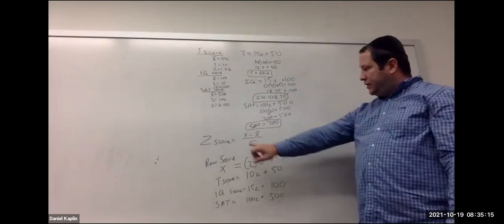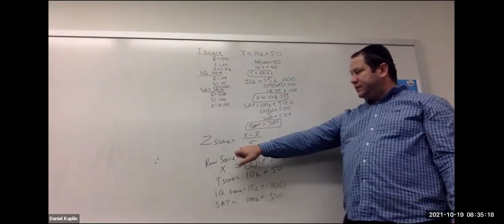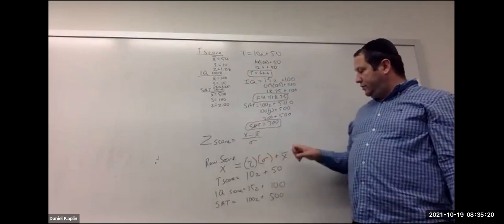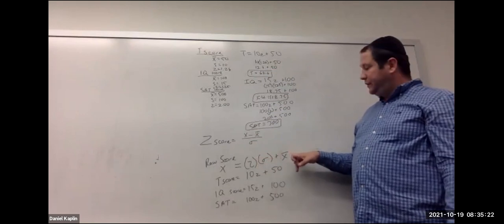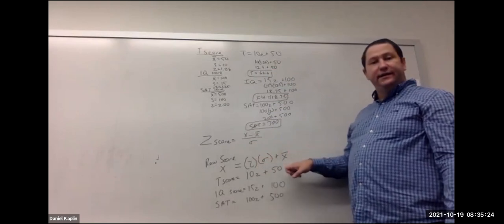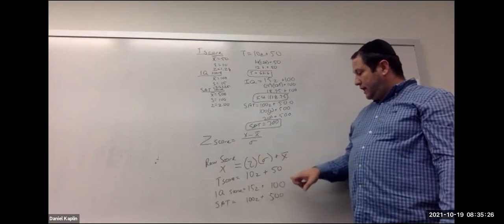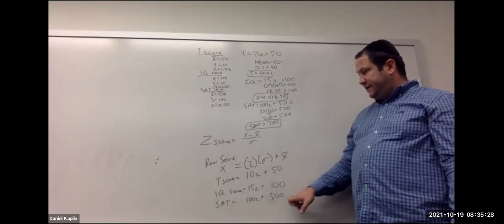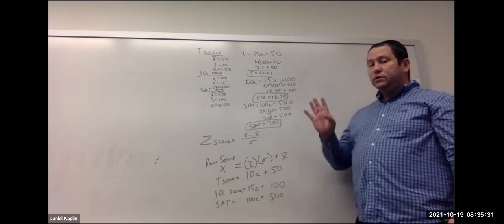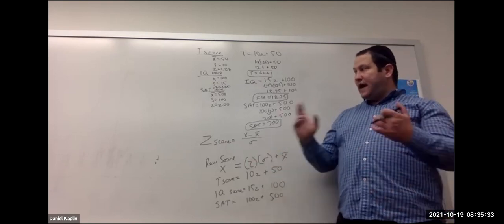I taught you the formula for a z-score. I taught you how to calculate a raw score. I taught you how to calculate a T-score, an IQ score, and an SAT score. So, general principles, pulling back.